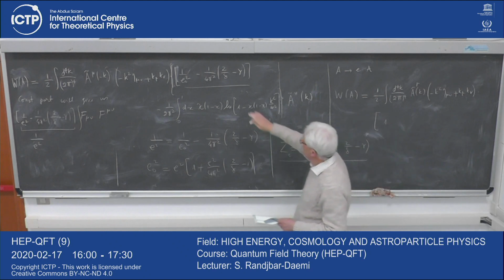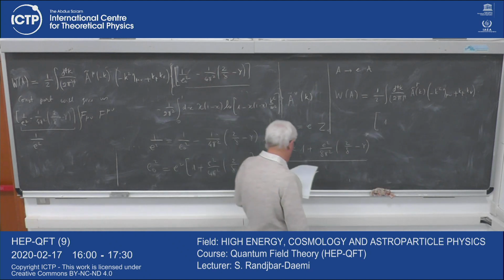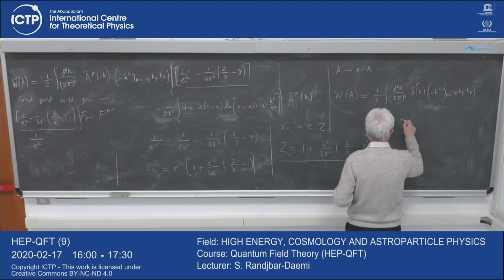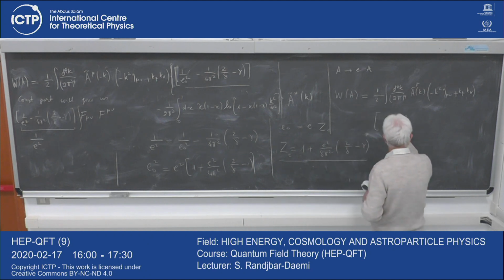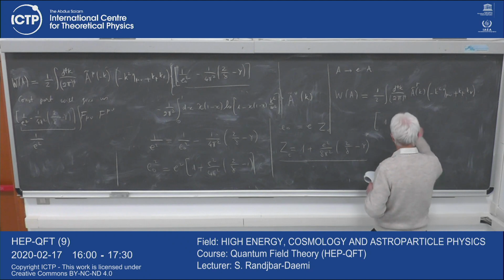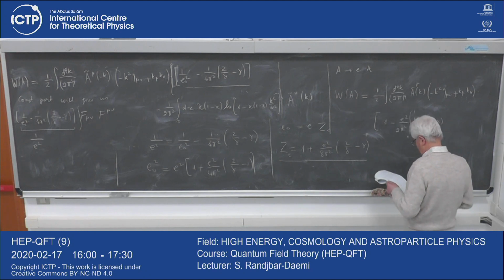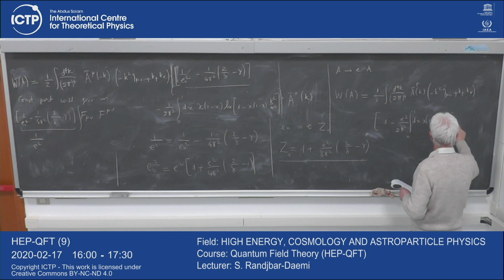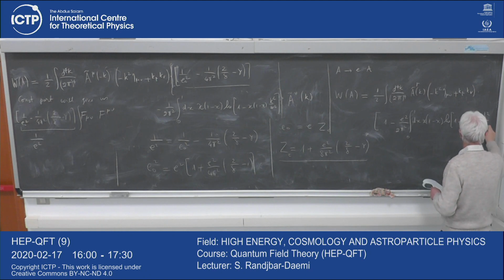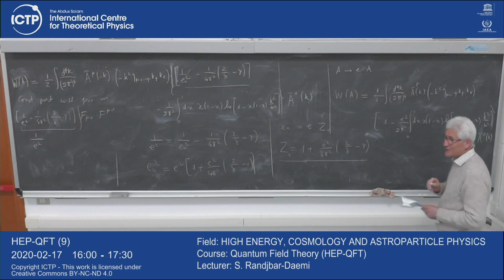Now that we have gotten rid of this whole thing, it's replaced by 1 minus e squared divided by 2 pi squared, integral from 0 to 1 dx, 1 minus x, times logarithm of 1 minus x times 1 minus x times k squared over m squared. And bracket closed, this closed, and this time I will not forget to put the factor of A at the end.